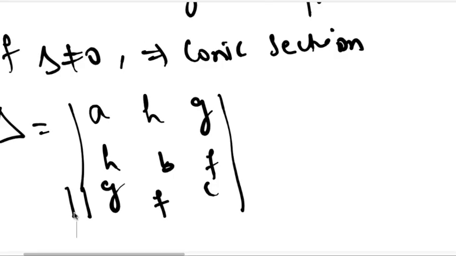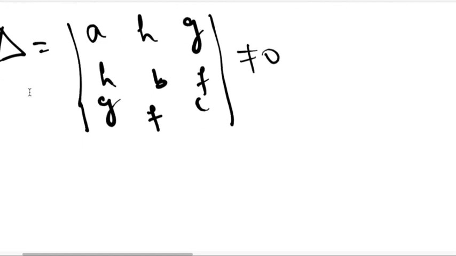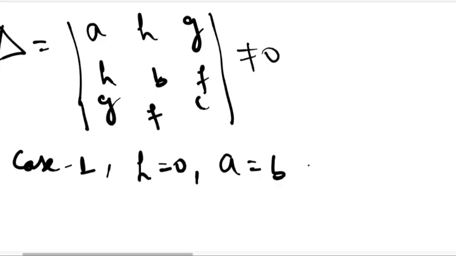If the value of the determinant is not equal to 0, then we are definitely going to get a conic section, on the basis of the value of this delta. Case 1: when h equals 0 and a equals b, we get a circle.